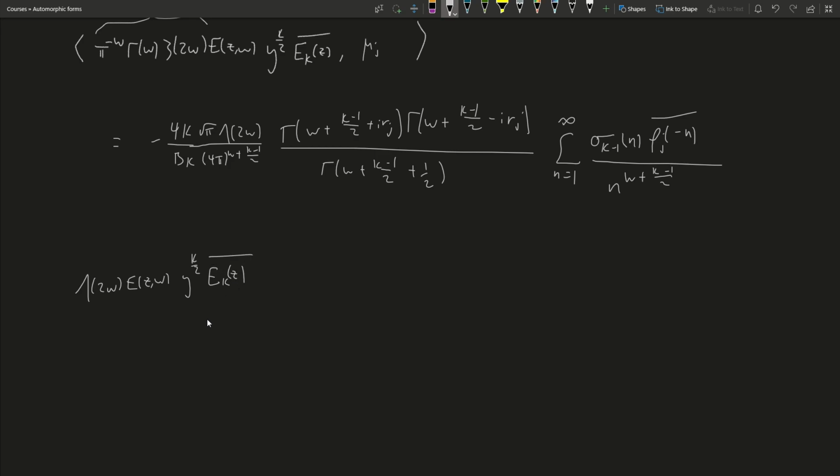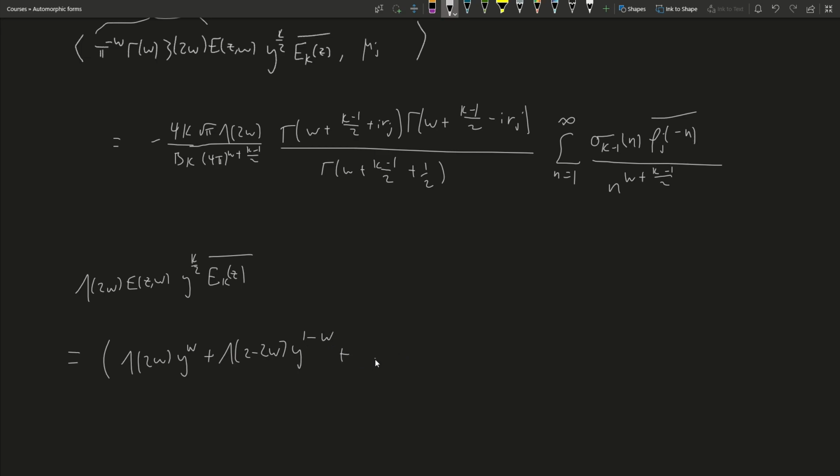This has a Fourier expansion where we just take the Fourier expansion from each piece. This first part is the level 1 Eisenstein series, so it's lambda of 2w y to the w plus lambda of 2 minus 2w y to the 1 minus w, that's the constant term.